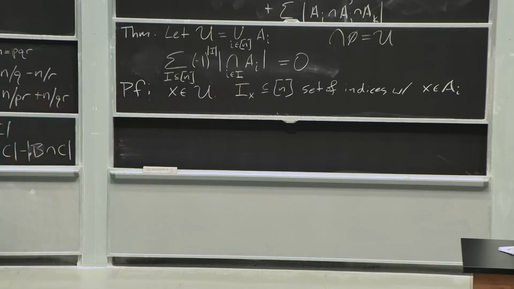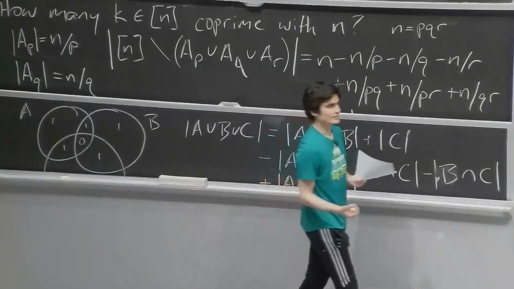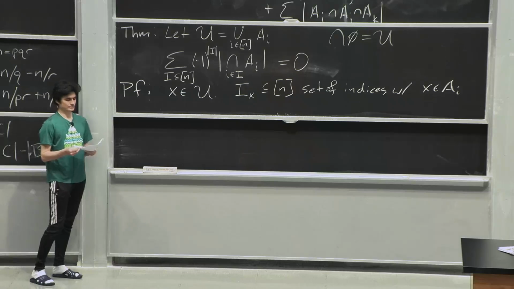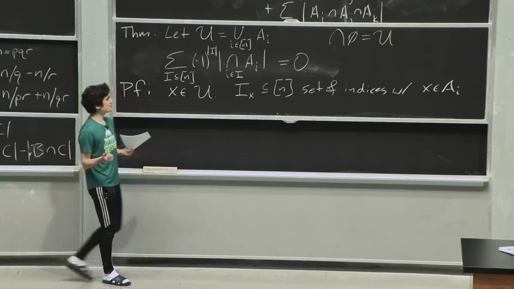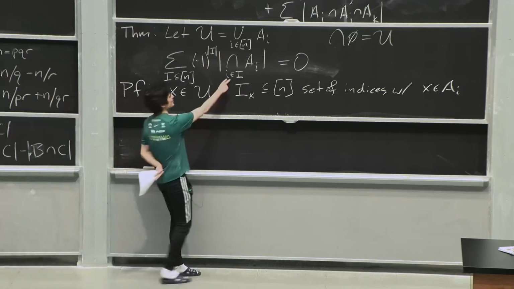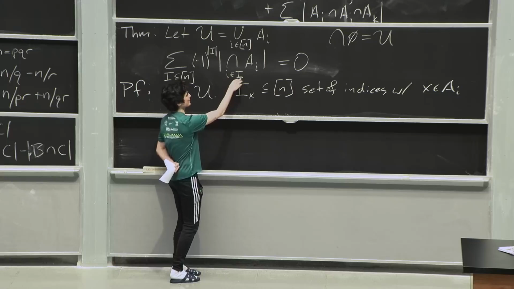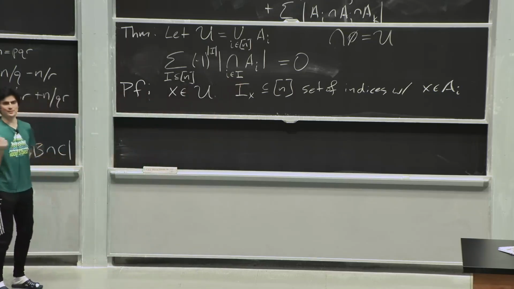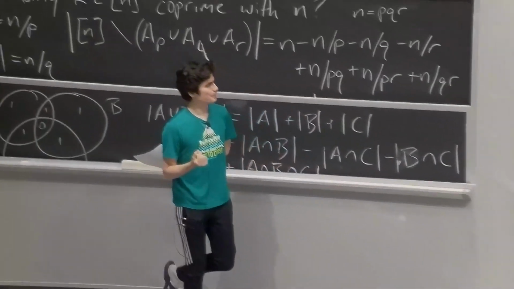It's also going to be in every subset of I sub x. Do people see why? If x is in sets 1 and 2, it's going to be in the intersection where I is 1, 2. It's also going to be in the intersection where I is 1, or where I is 2, or where I is empty.